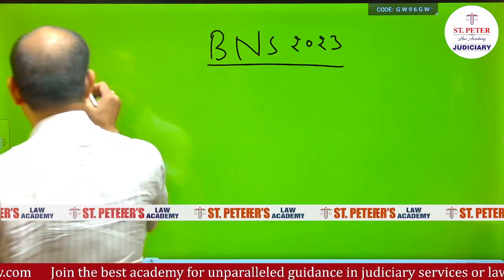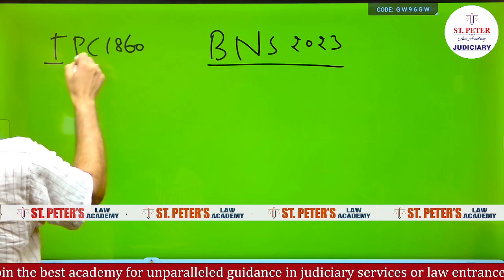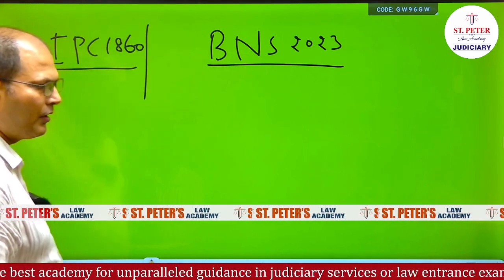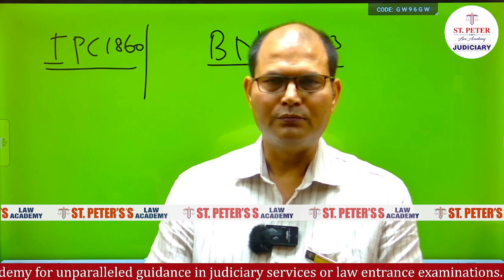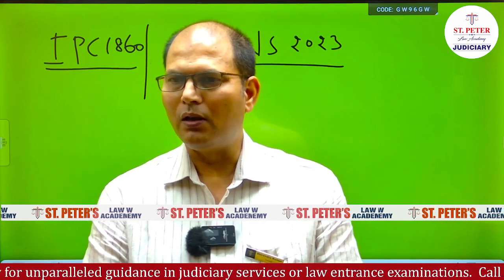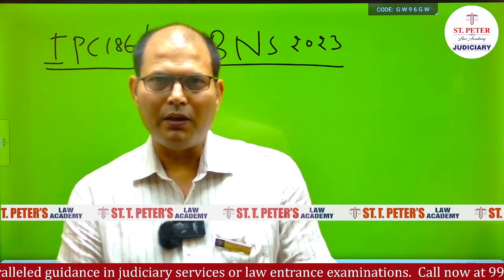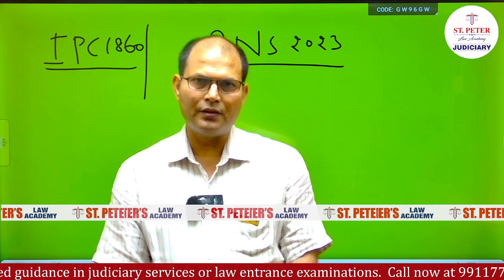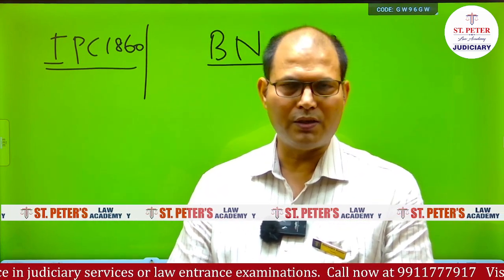Mind you, the previous law, which is still continuing, in fact, is IPC 1860. Indian Penal Code 1860 is the substantive law governing the criminal law domain in our country. Laws can be distinguished on the basis of either being substantive law or procedural law.